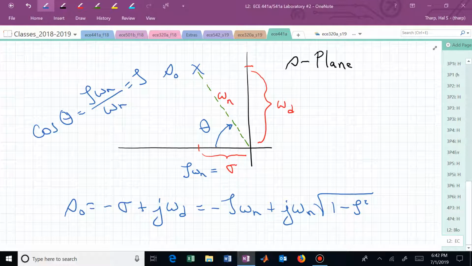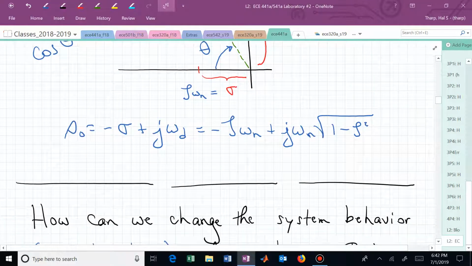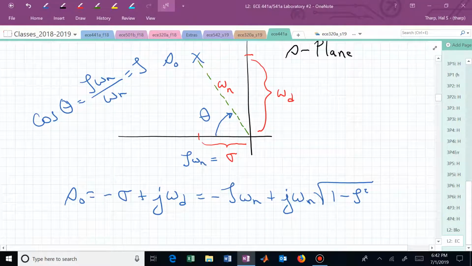So now we have zeta is equal to cosine theta. If we know where the pole is, we can find zeta, we can find theta, we can find sigma, omega sub d, the natural frequency. All of that is available to us.